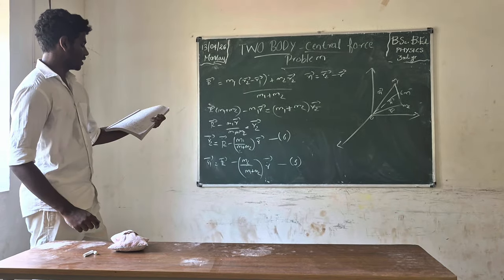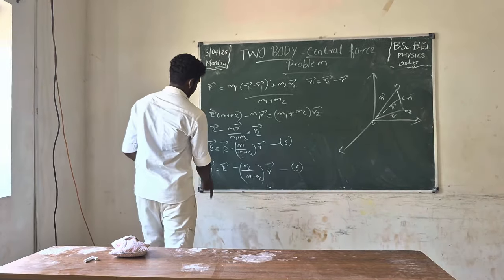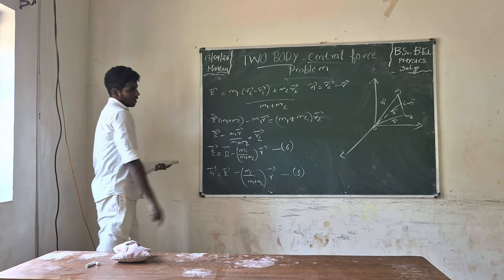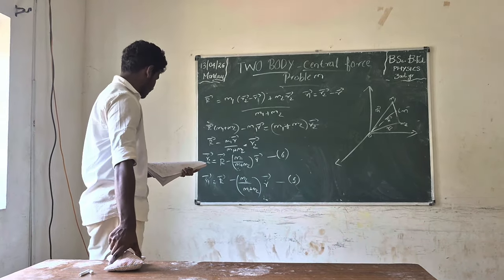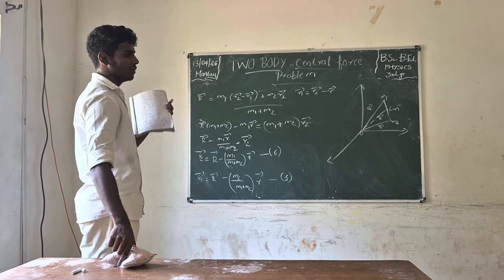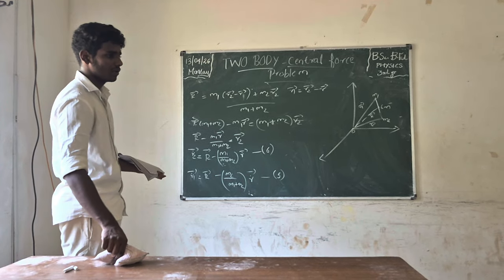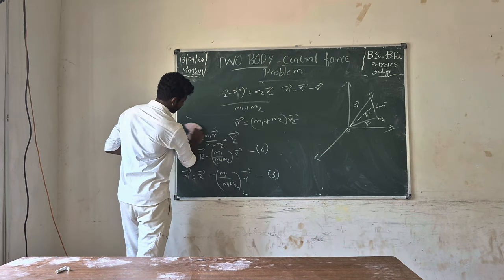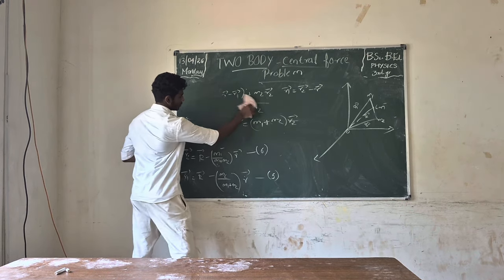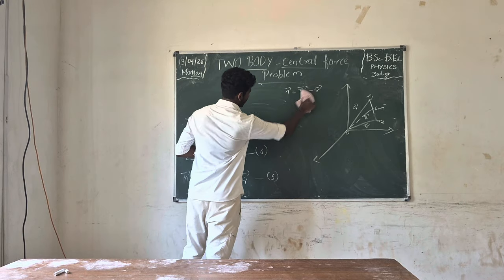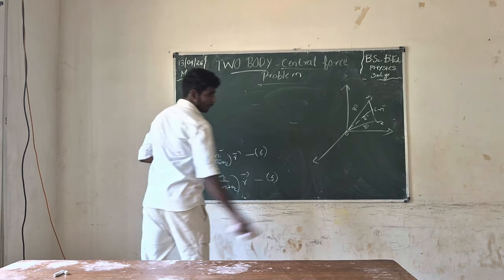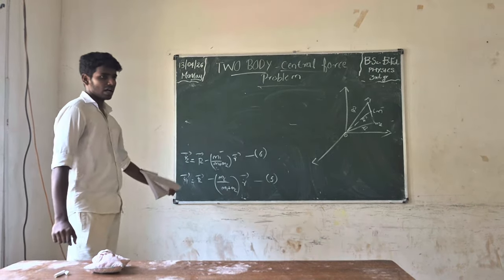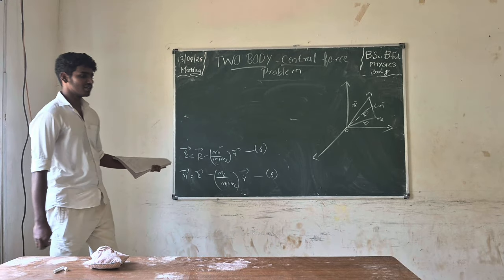Okay. So there are two equations, one of r1 and one of r2. So we will consider both of these equations and put them in our Lagrange equation. So we will put this r1 and r2 in the Lagrange equation.